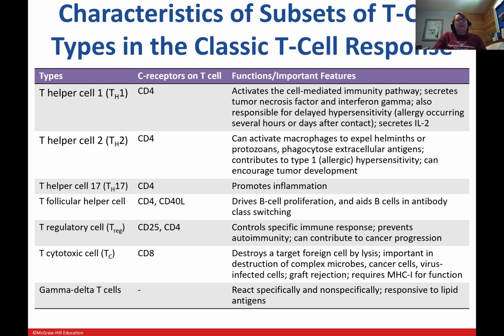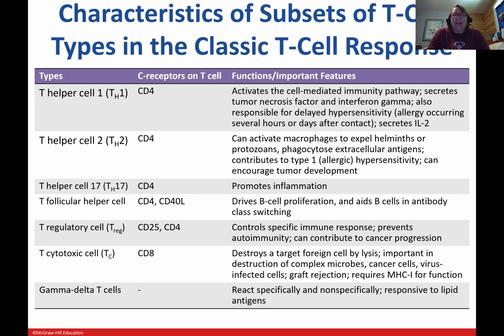And then we have the cytotoxic T cell, and it is characterized by having CD8 on its cell surface, as opposed to CD4, which is the regulatory types of T cells, and the helper T cells, which are kind of the ramp up regulator, as opposed to the T regulatory, which are the ramp down regulators.